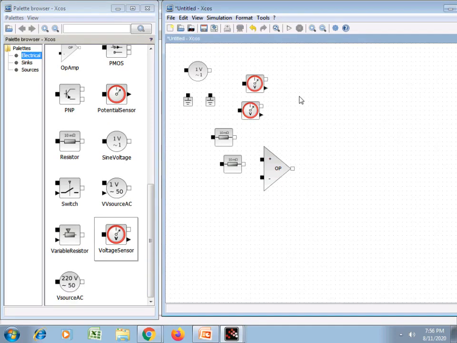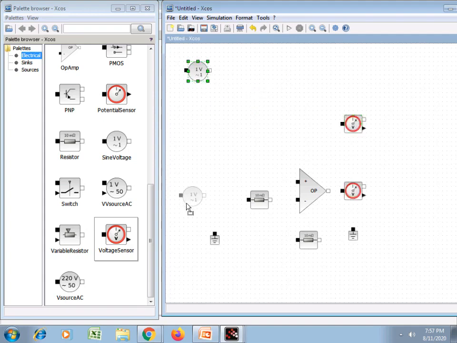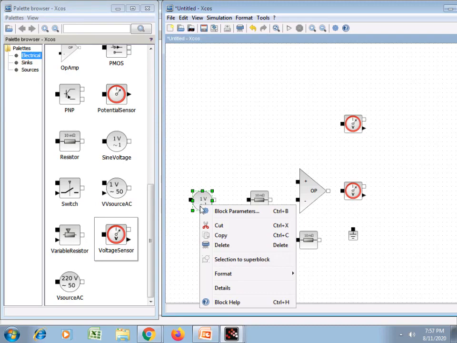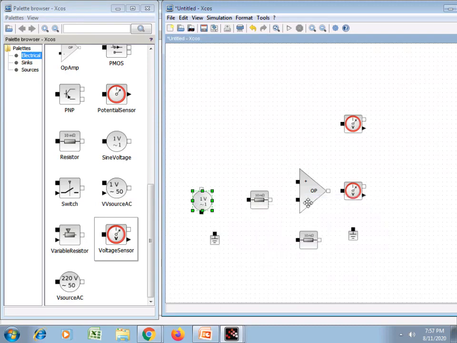Now I am connecting the ports of these blocks. Before that, I am positioning these blocks at a proper place. I will rotate this source by this rotate option.